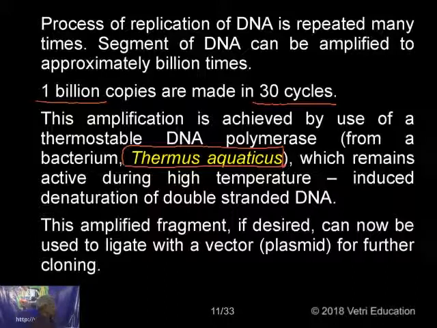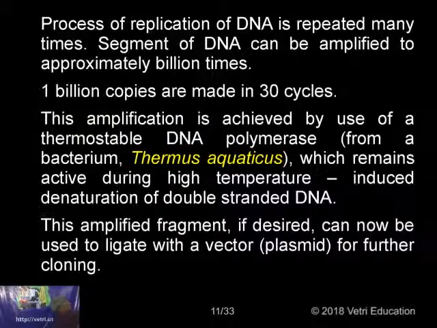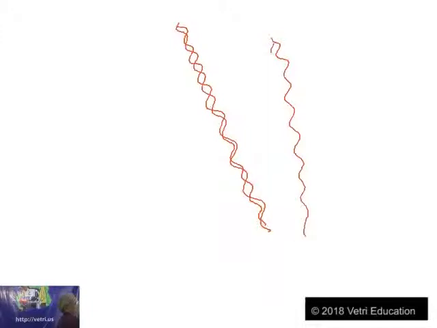It remains active during the high temperature induced denaturation of a double stranded DNA. So, what is denaturation? This is a denaturation. When a DNA is in a twinned form and the two DNA threads are separating out, it is called denaturation.